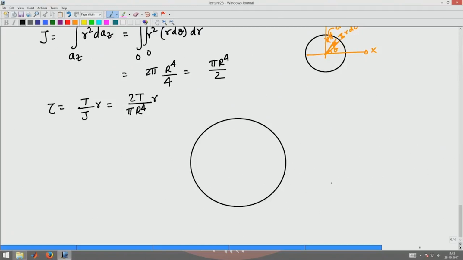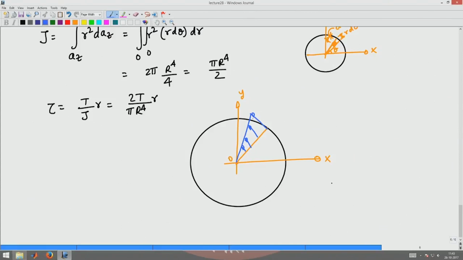I have this cross section which I have zoomed out. The center of the cross section is here, this is x, this is y. I know that the shear stress is varying linearly radially, which means at the center where r is 0, the shear stress is 0, and then at some radial distance r, the shear stress is going to vary linearly like that.